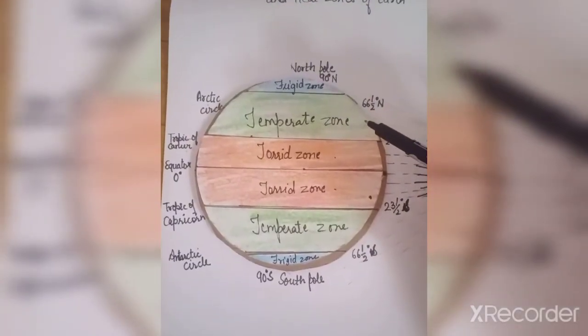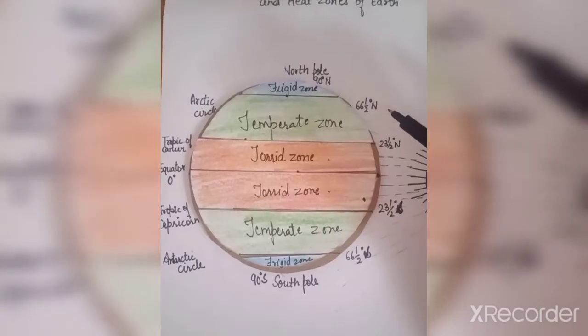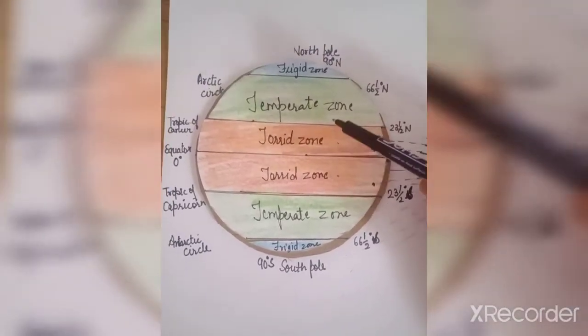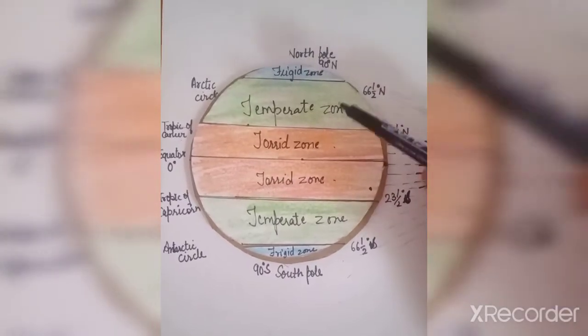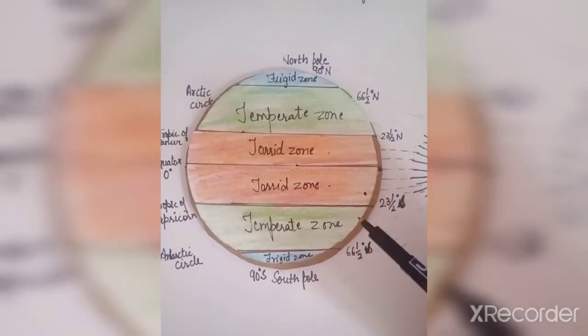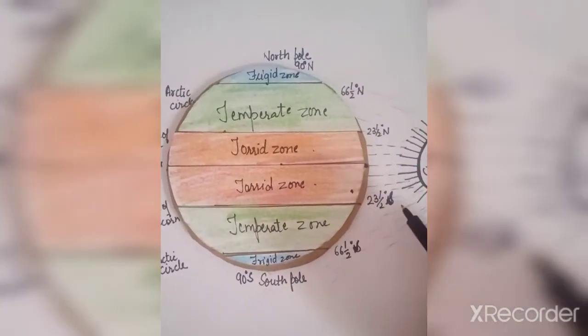Now the temperate zone has a moderate climate, neither too cold nor too hot, and it is in both the northern and southern hemispheres. Why is the temperature moderate? Because this zone receives slanting sun rays.